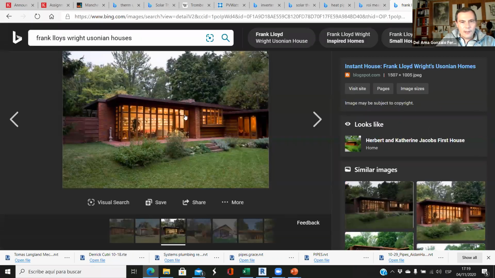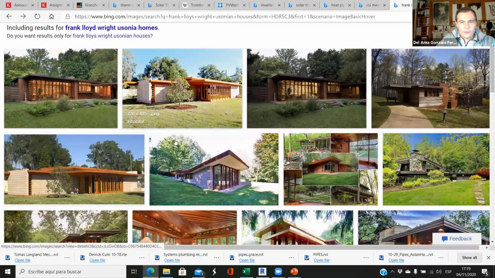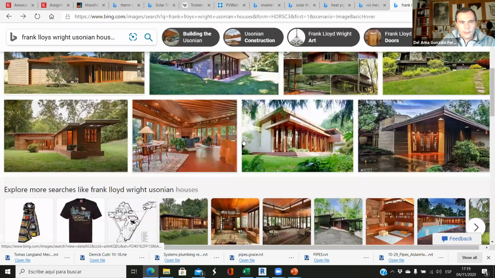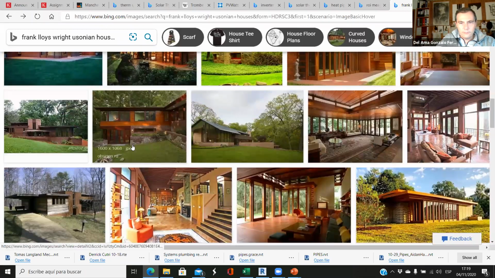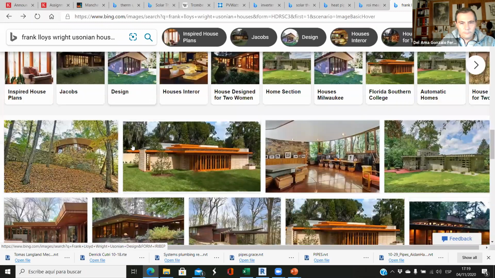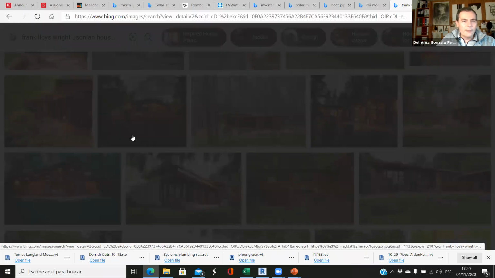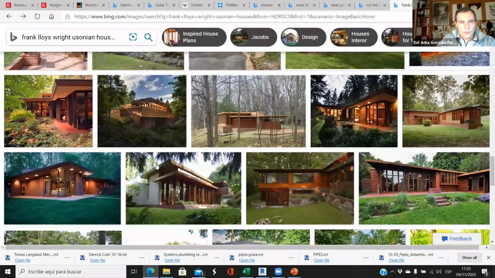They have a large window area facing south, and small openings facing north. Let me see if I can find the north elevation. Well, this can be a north elevation with small openings, as you can see, and the south elevation is just the other way around.